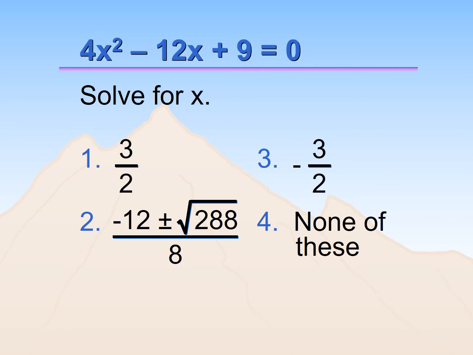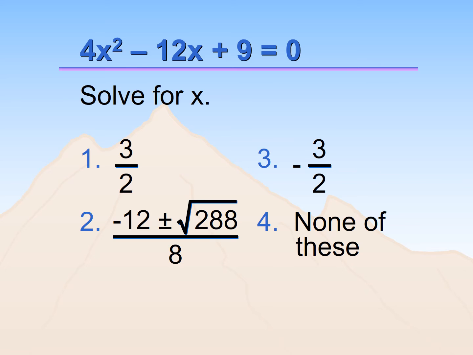Just a reminder of the quadratic formula: x is equal to negative b plus or minus the square root of b squared minus 4ac, all over 2a. So plugging in our known values, we should have negative 12 plus or minus the square root of negative 12 squared minus 4 times 4 times 9, all divided by 2 times 4.